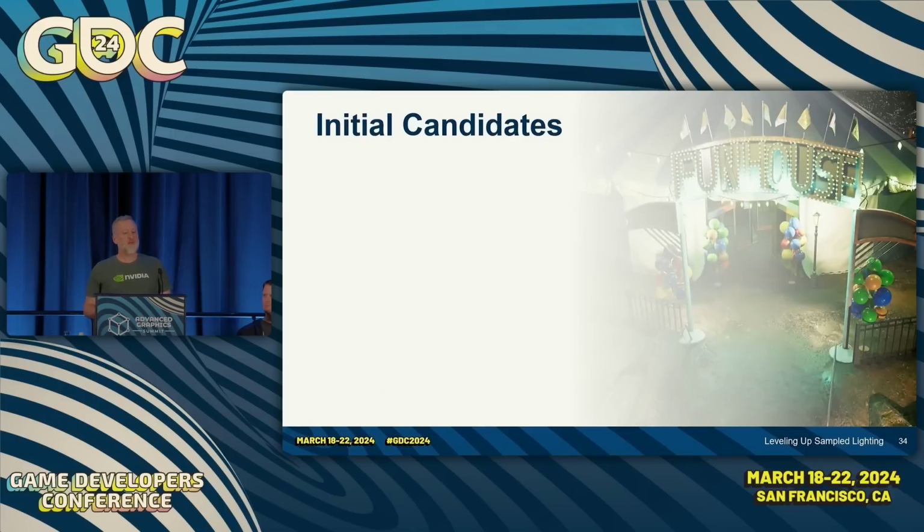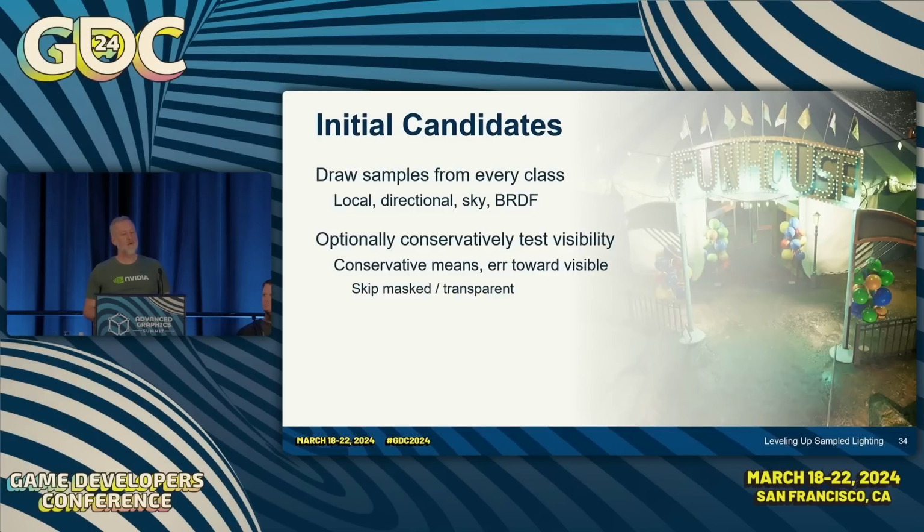So let's start off with the initial candidates. In the initial candidates, we draw samples from every class of light source, so local, directional, sky, et cetera, and that's because the sampling is sort of necessarily tied into some fundamental characteristics of the lights. And then, like I mentioned a moment ago, we optionally will do some conservative visibility testing.